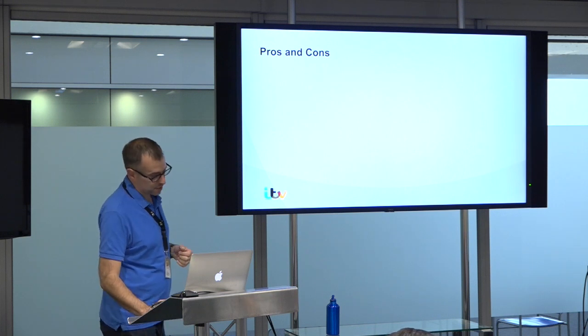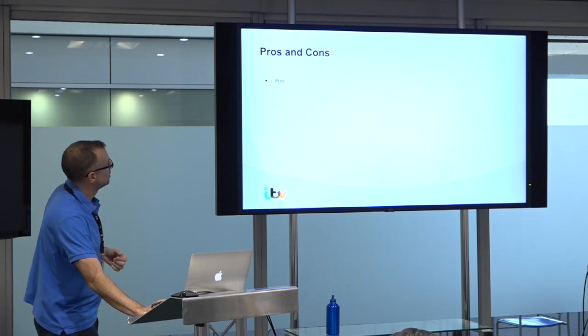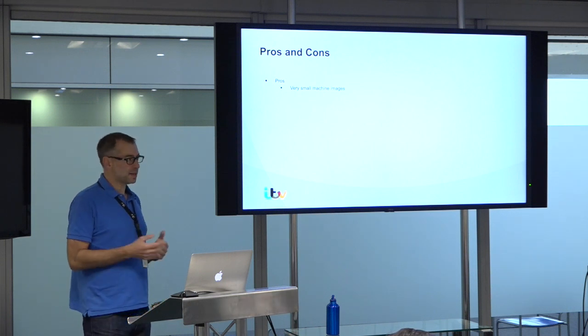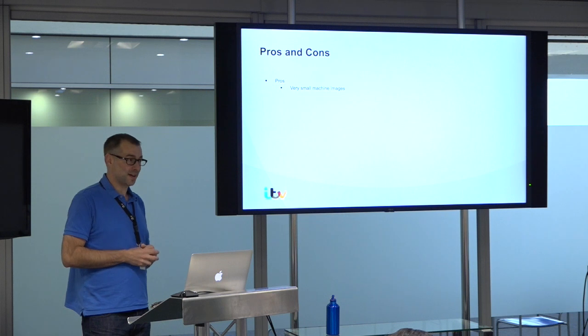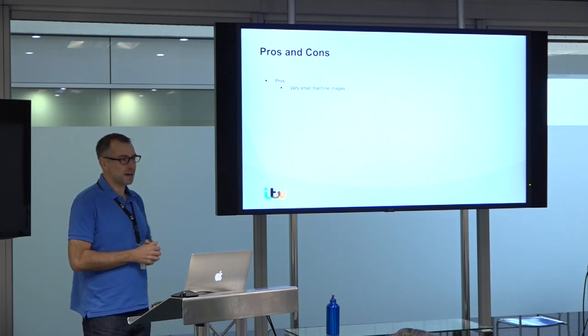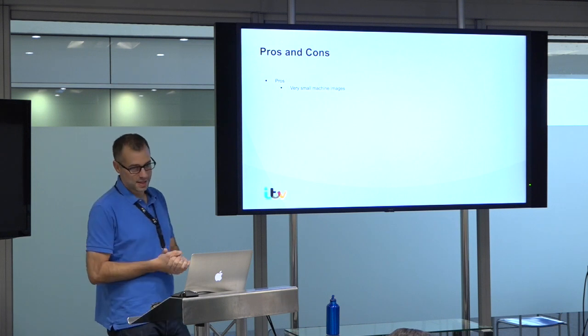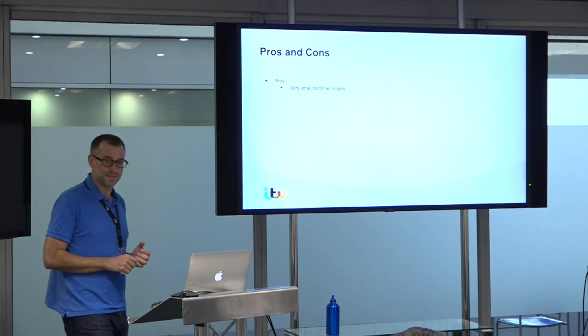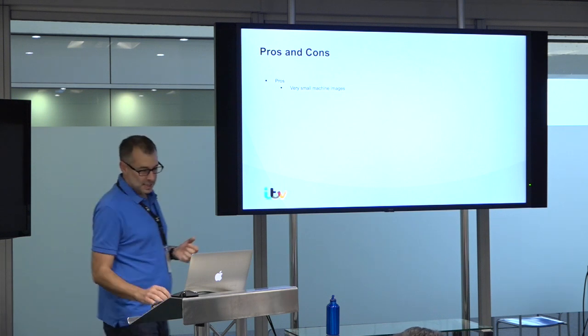So, pros and cons. The machine images are very small. The demo we're going to show isn't going to be that small because it needs the Java runtime, and it's got one of our old fat jars in from a long time ago, which I haven't updated. I think, Ben, you've made userauth much smaller now by taking out Akka and various other things we weren't using.